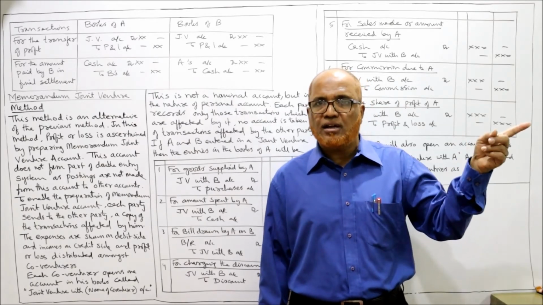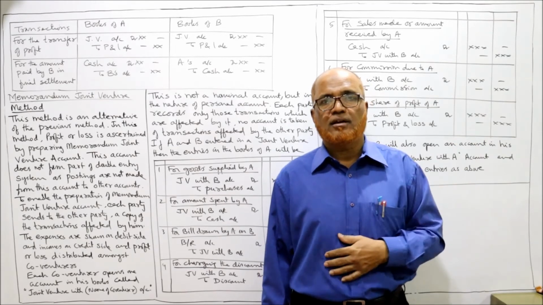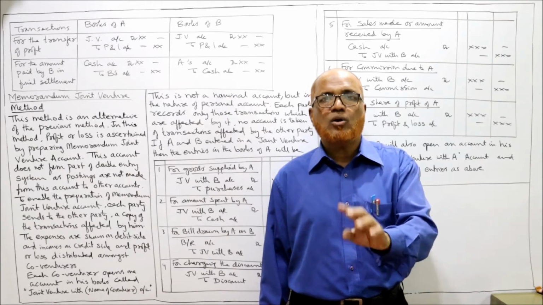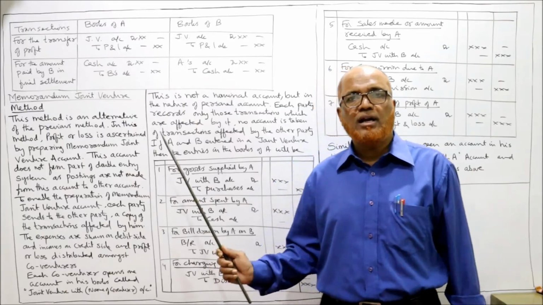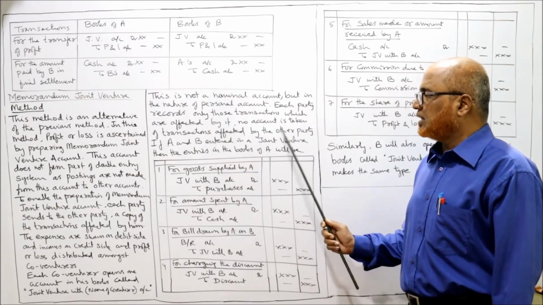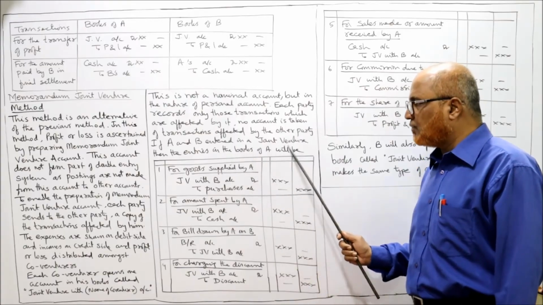The transactions B conducts, A does not record, and what A does, B does not record. So only the transaction affected by the concerned co-venturer will be recorded in this account. If A and B entered into a joint venture, then the entries in the books of A will be.